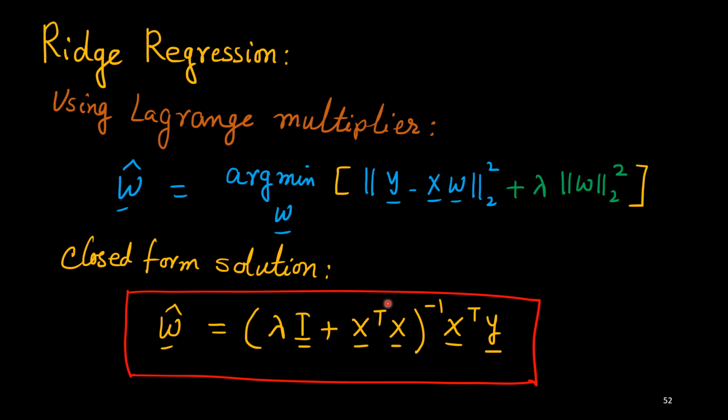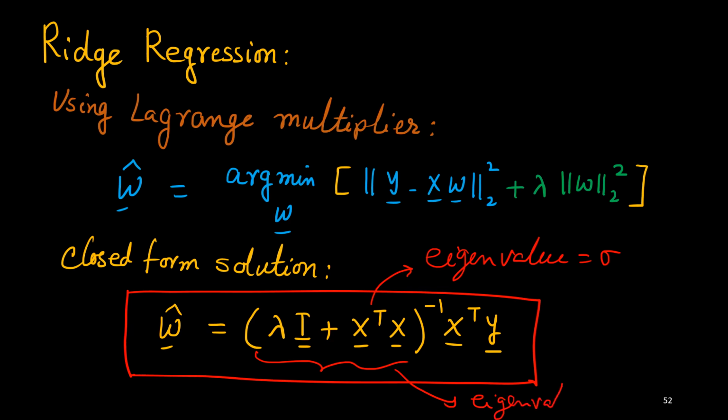Now you see, whenever x transpose x has, suppose, a very low eigenvalue close to 0, when lambda I is added, its eigenvalue, suppose it is equal to sigma, then the corresponding eigenvalue of the new matrix is obviously lambda plus sigma.